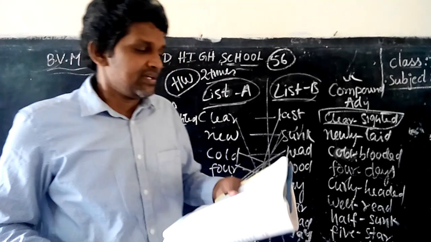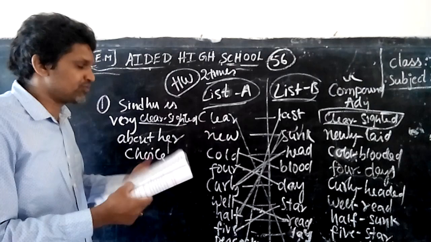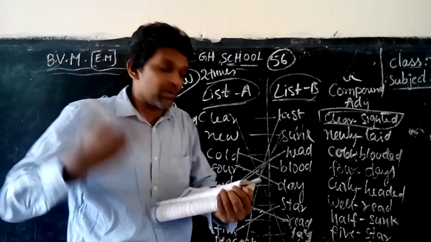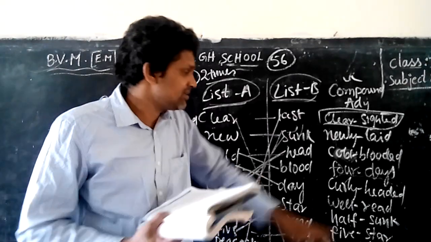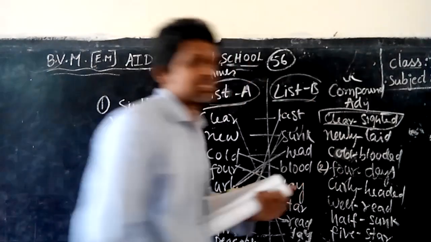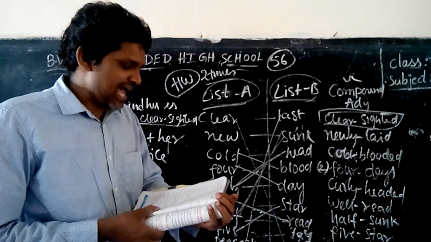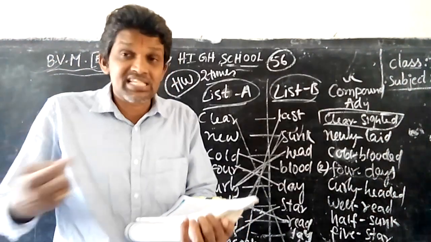See, second one. The headmaster suggested a dash trip to Hyderabad. So the headmaster is going to Hyderabad for a trip. For how many days? For 4 days. So this will be the second answer. 4 days trip. The dash girl who is under the tree is my sister.